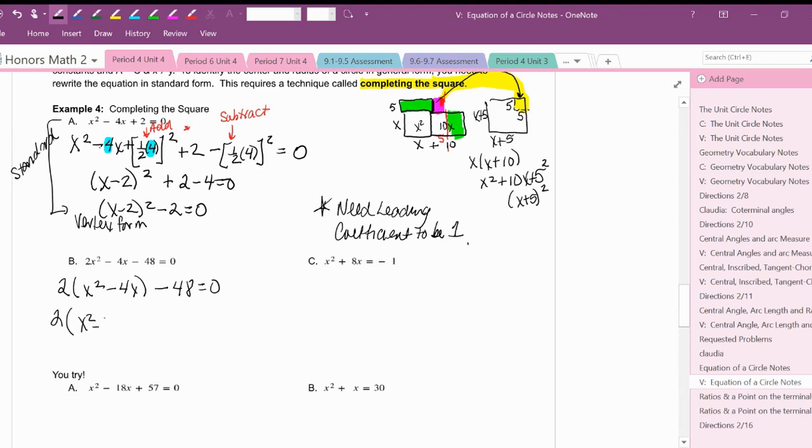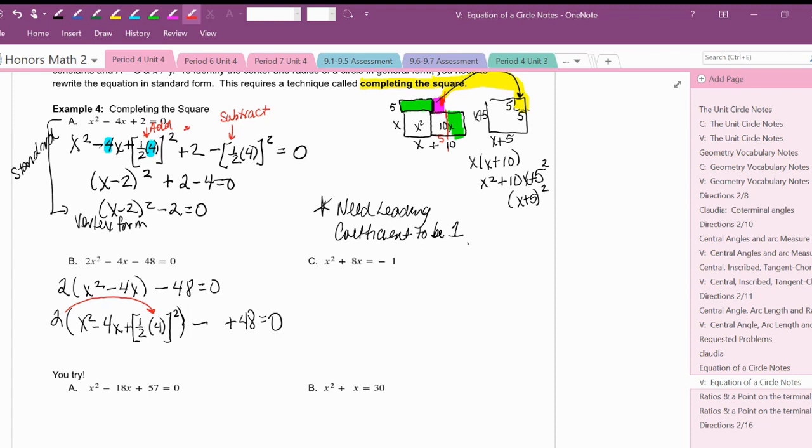I have an x squared minus 4x plus half of 4 squared. And then we added it here, so we're going to have to subtract it as well. And then I have the minus 48. Now here we have to be careful because what we are actually adding is 2 of these quantities.